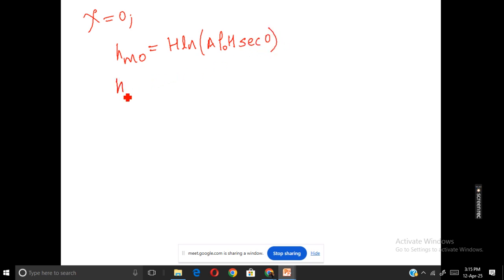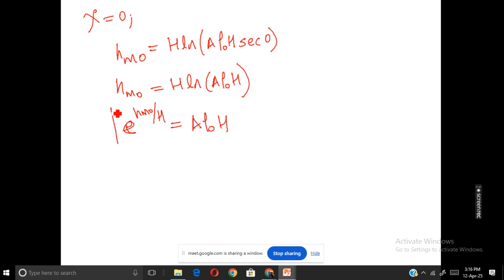Sec 0 is basically 1, and hm0 can be written as H log a ρ0 H c, or e^(hm0/H) is equal to a ρ0 H c. So this is another relation.